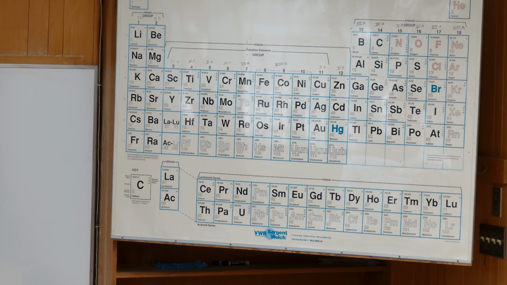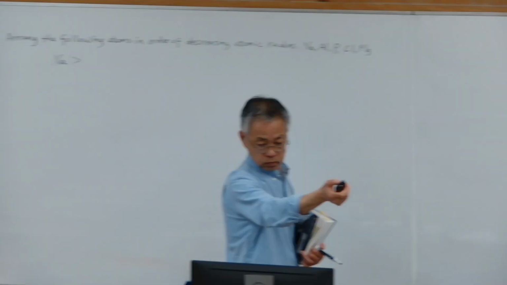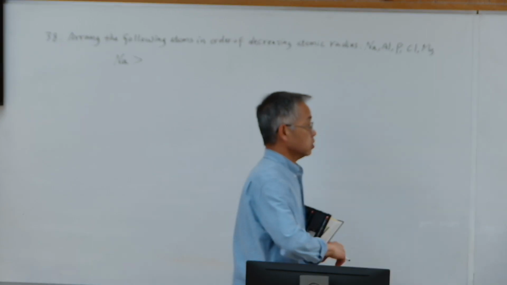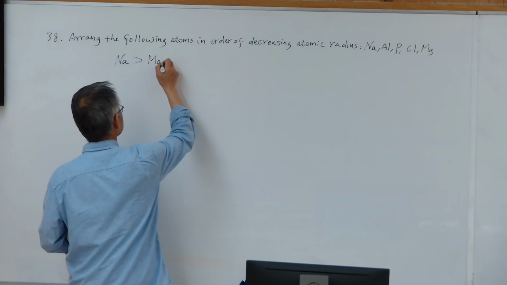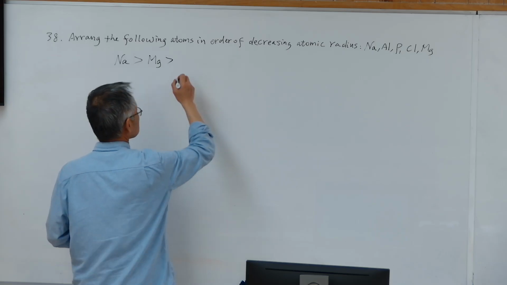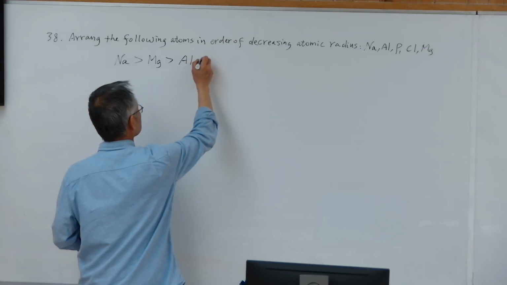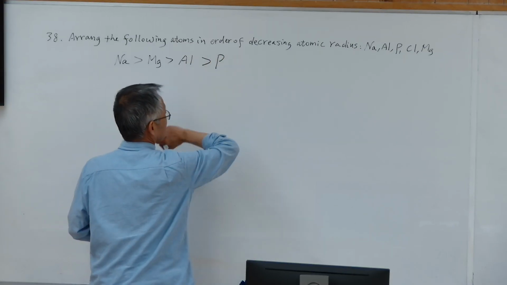Then next one, magnesium. So first, sodium biggest, then second, magnesium, then third, aluminum, then fourth, phosphorus.